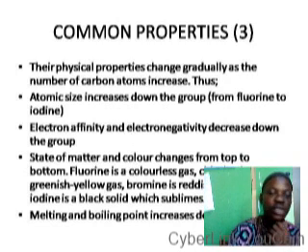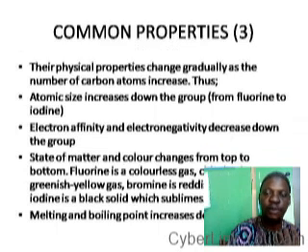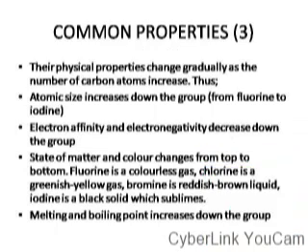As we go down the group, the elements change from gaseous state to liquid state to solid state. I've mentioned that bromine is liquid, iodine is solid, but chlorine and fluorine are gaseous. There's one important thing you need to note.